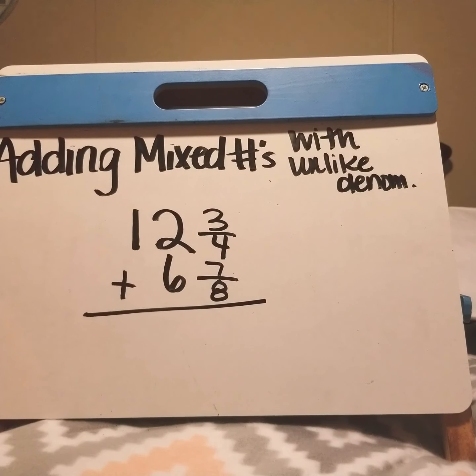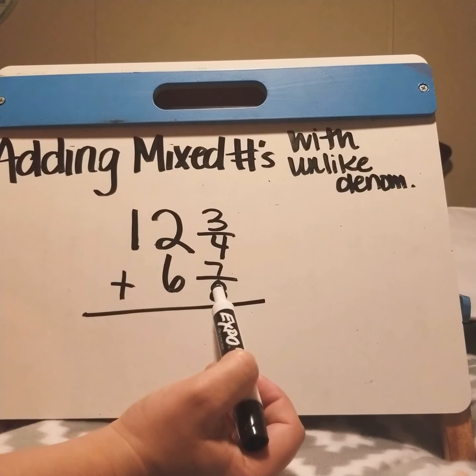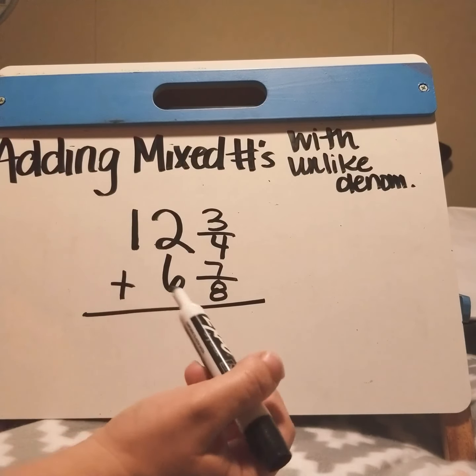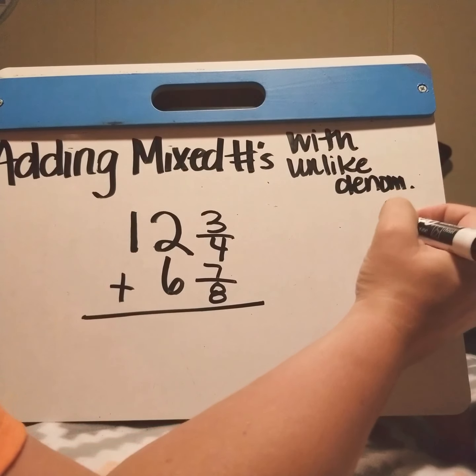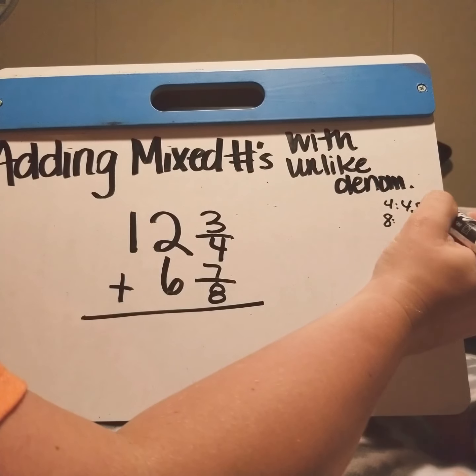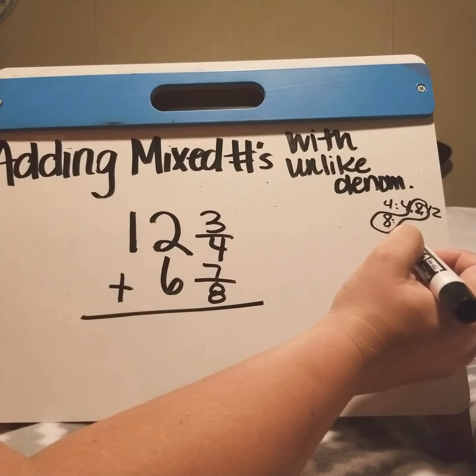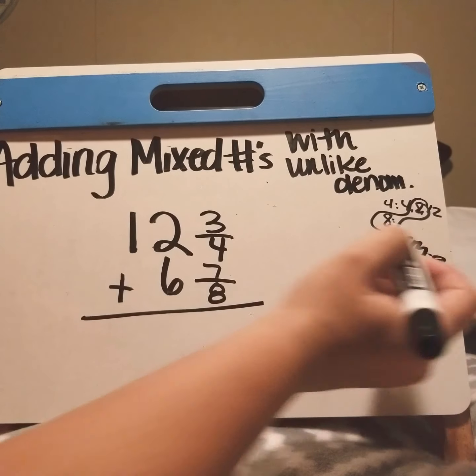Okay, so I first notice that my denominators are unlike. So if they're unlike, I need to find a common denominator. I'm going to skip count my 4 and my 8. 4, 8, 12, and I notice that 8's already here, so I don't have to skip count that one. My LCM equals 8.